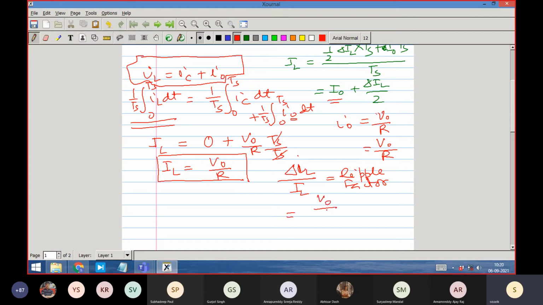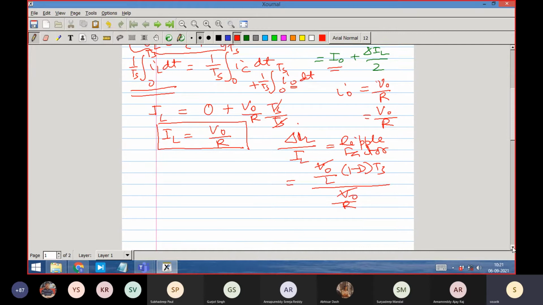Magnitude wise, it was V naught by L, this is the slope, and 1 minus D Ts was the duration. So that was the delta IL, and IL we are getting is equal to V naught by R. So V naught cancels, and this becomes R by L into (1 minus D) into Ts.